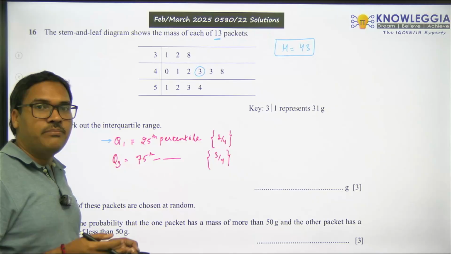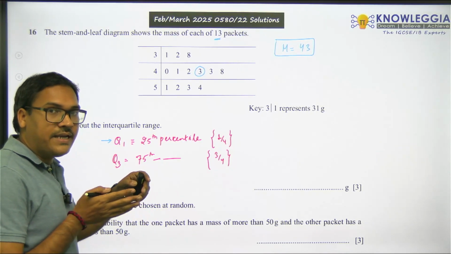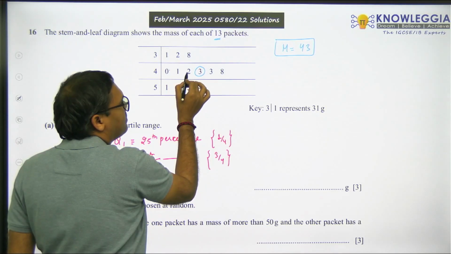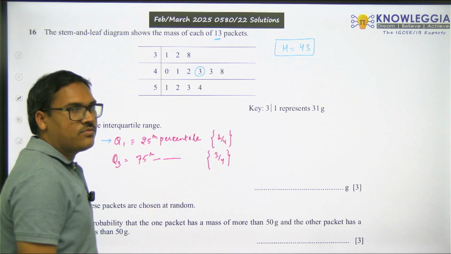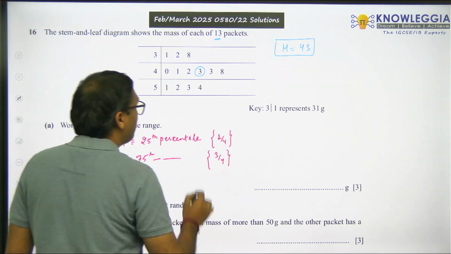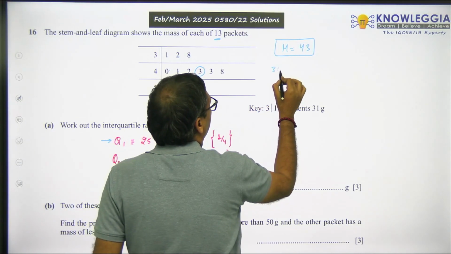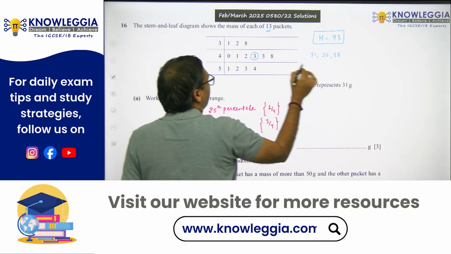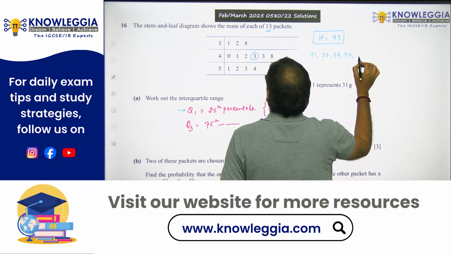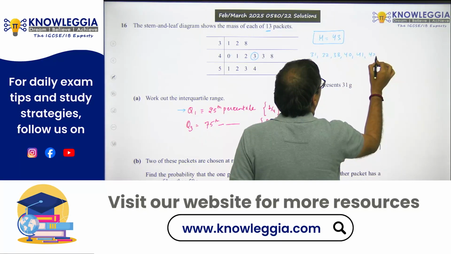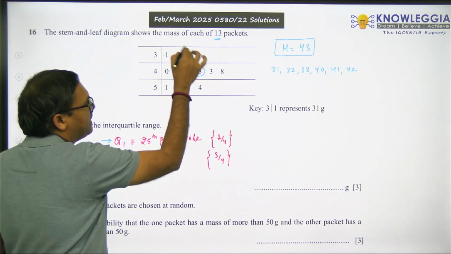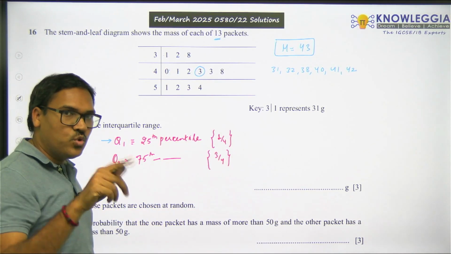Q1 is the median of the data below the median. So you can see 1, 2, 3, 4, 5, 6. What is the median of 31, 32, 38, 40, 41, 42? That's it. Correct? So the median of the data below this is Q1.